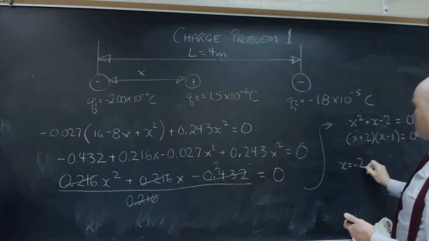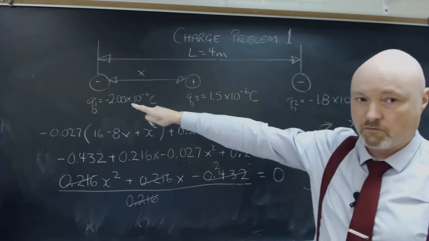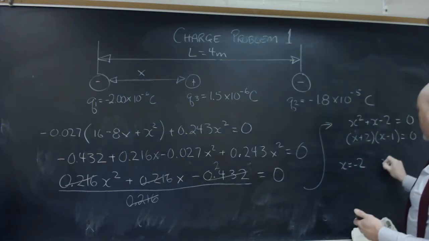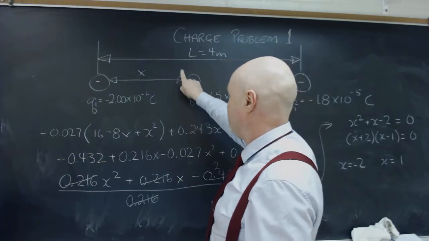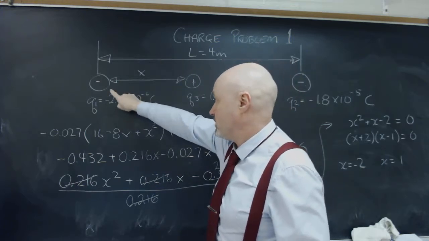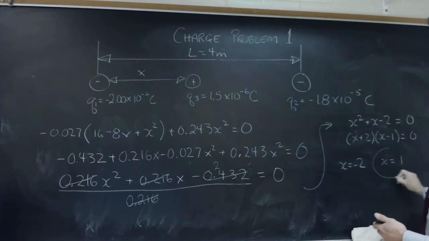And so x could be equal to negative 2. And so for some reason, way over there, or x could be equal to 1. In other words, I'm going to be putting this charge 1 meter away from the first charge and 3 meters away from the second charge.